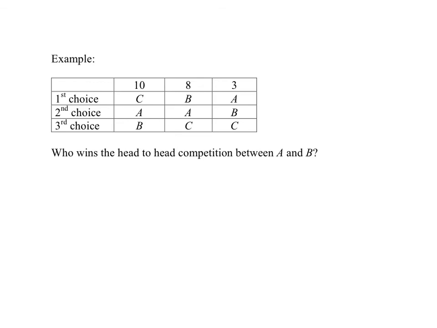So think, who wins the head-to-head competition between A and B? Let's reason this out. There are 10 ballots that have A higher than B. There are another 8 ballots on which B is higher than A, but then there are 3 more ballots on which A is higher than B. So A wins by what you could call a score of 13 to 8.